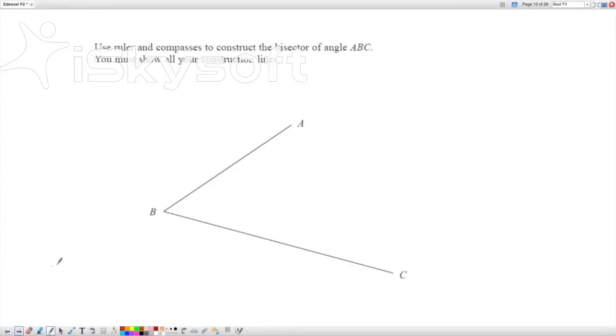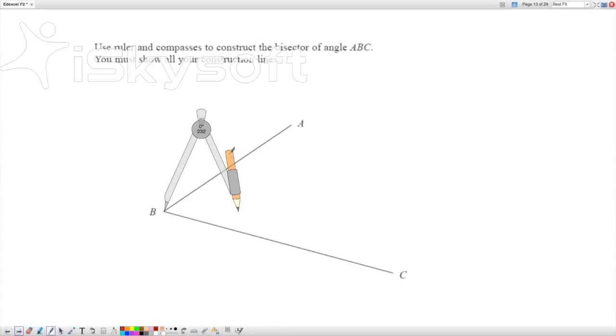In our next question, we're asked, using our ruler and compass, to construct a bisector of this angle. That means to cut the angle in half. To do this, we're going to need to take our compass here and place our sharp point on B. So looking here at the screen, you need to make sure that the sharp point is in B. Now, you need to extend out not too far, but probably about halfway along our line here.